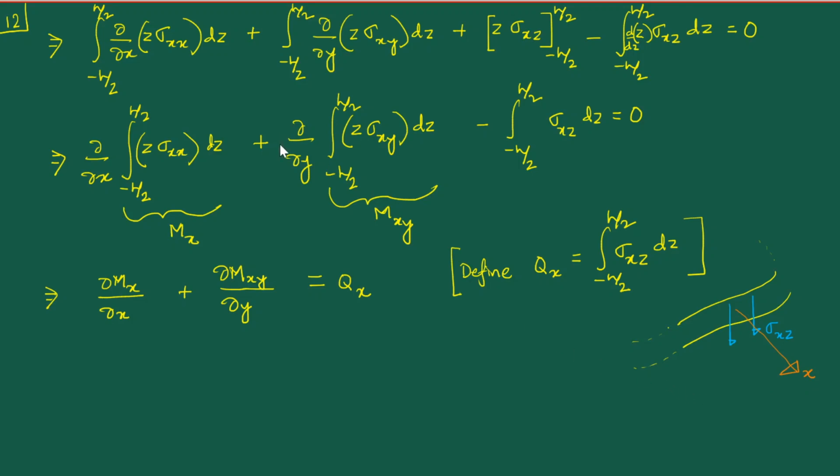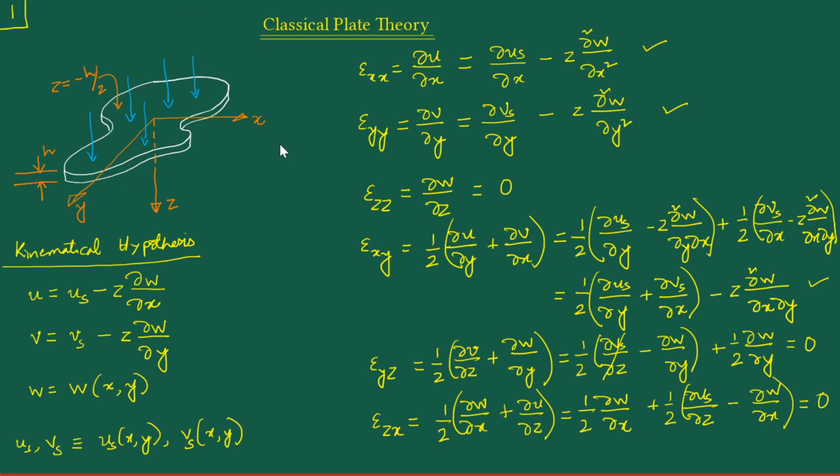Okay, so if we go back to our first diagram here, what I'm doing here is taking a cut section which is perpendicular to the x-axis. So over such a cut section, over the exposed edge of such a cut section, let me try to draw that here. If I take a cut section in this fashion, and this is just for demonstration purpose, this angle is 90 degrees here.